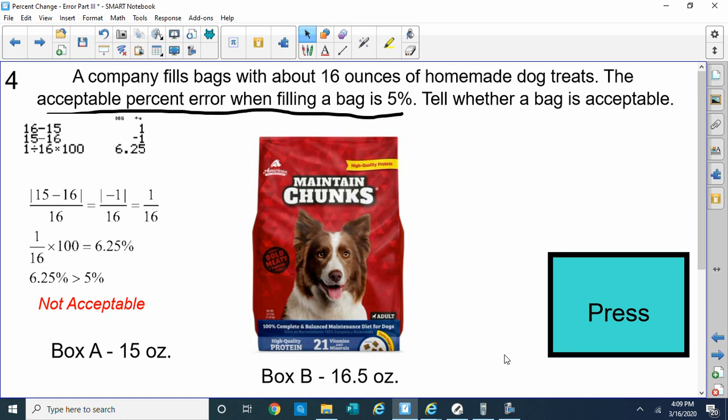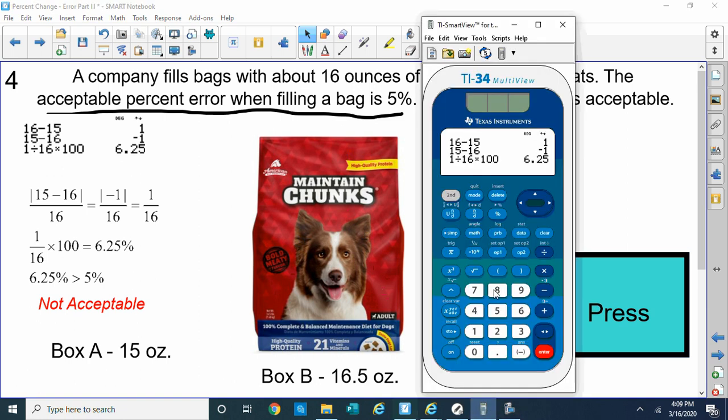So let's get our calculator again and clear it. Let's subtract what this bag, or box B, has, 16.5, and we're going to subtract that from the actual amount that they want, which is 16 ounces, and that'll give us 0.5.